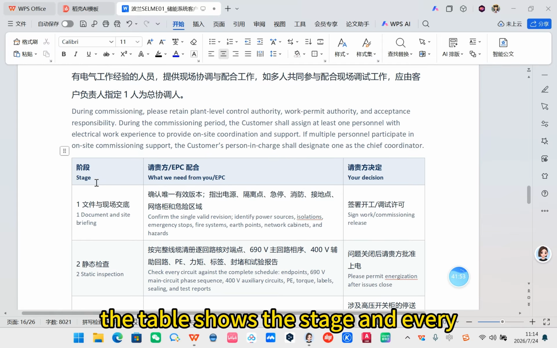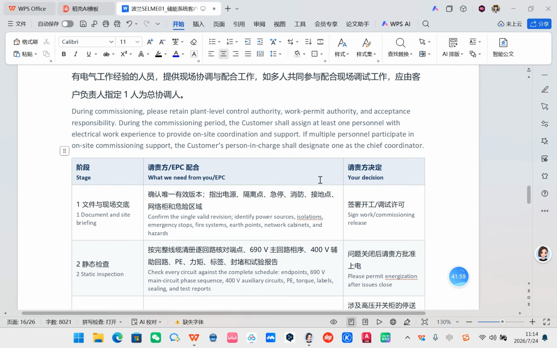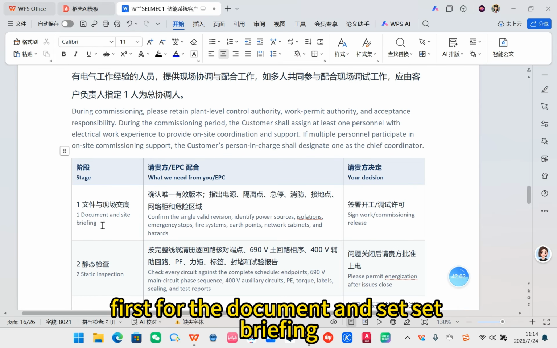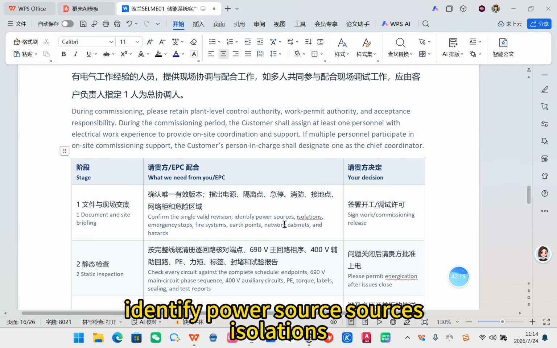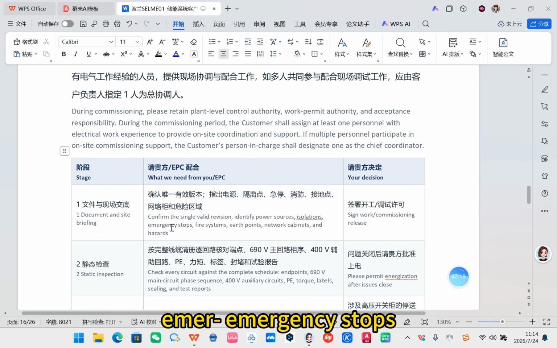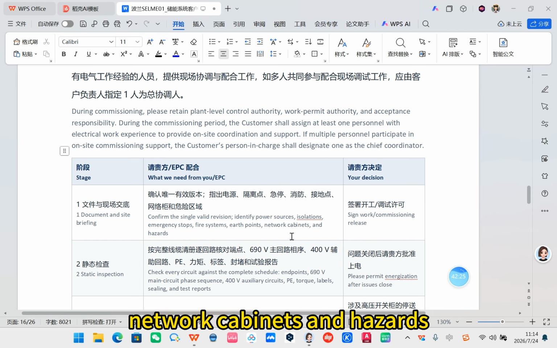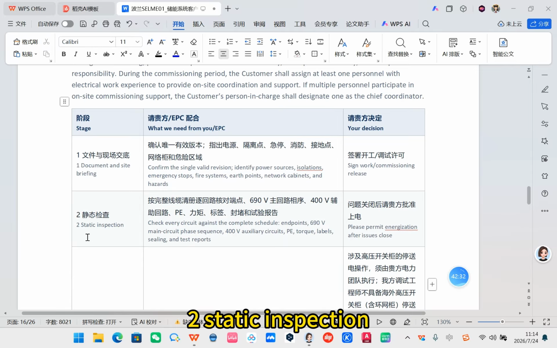The table shows the stages, and at every stage you need to do something. First, for the document and the site briefing, confirm the single valid revision, identify power sources, isolation points, emergency stops, fire systems, earth points, network cabinets, and hazards. 2.